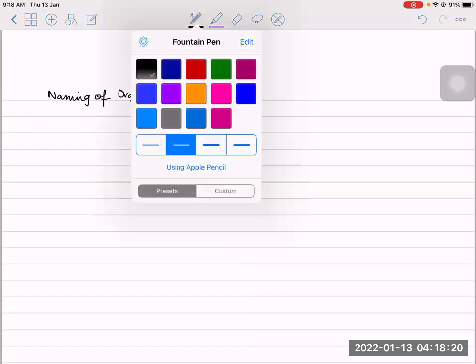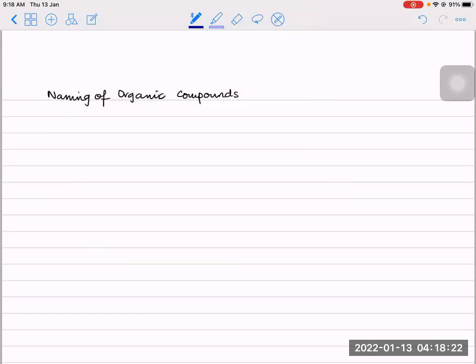So let's see, naming of organic compounds. Let's first take 3 carbon compounds. So you have, I'm not putting the hydrogens.